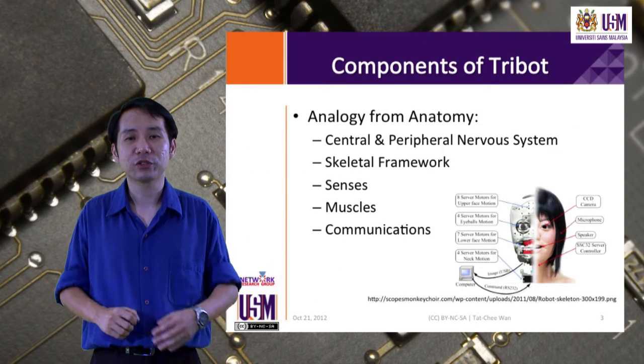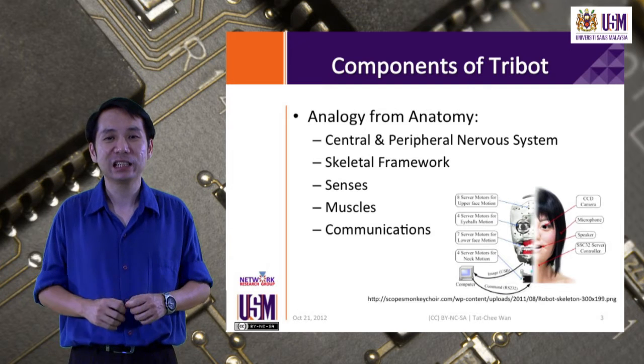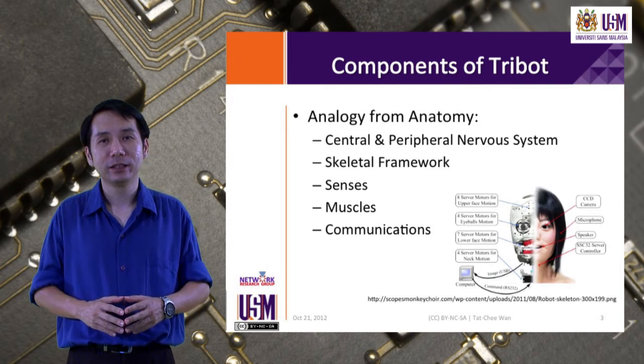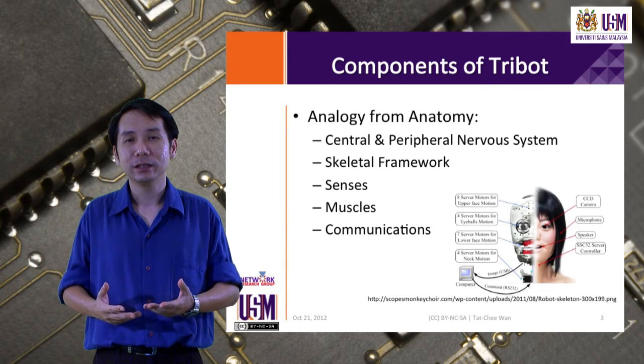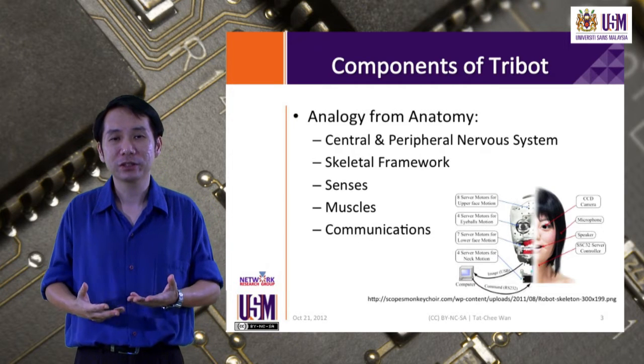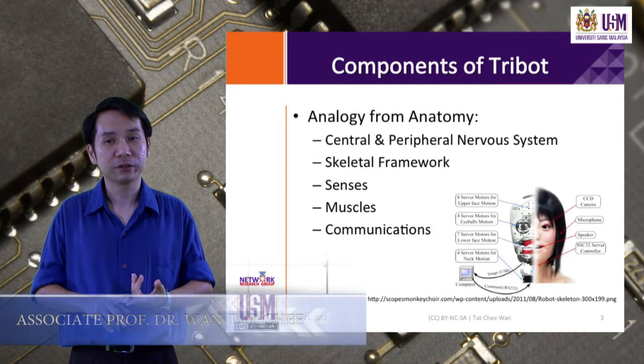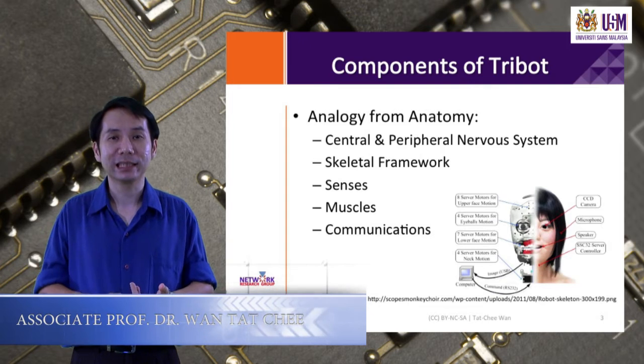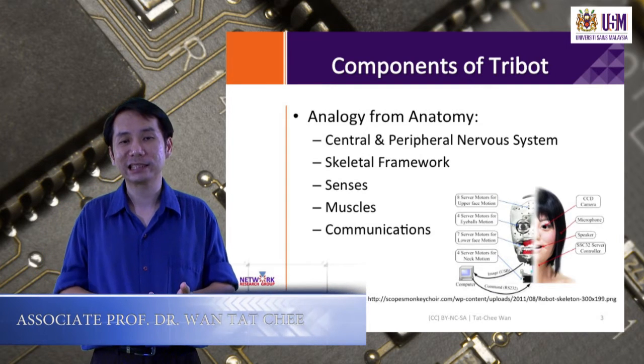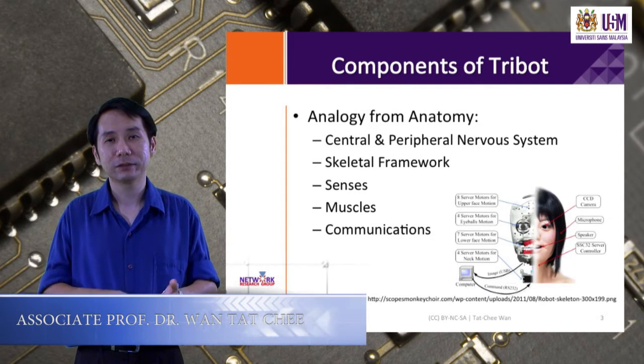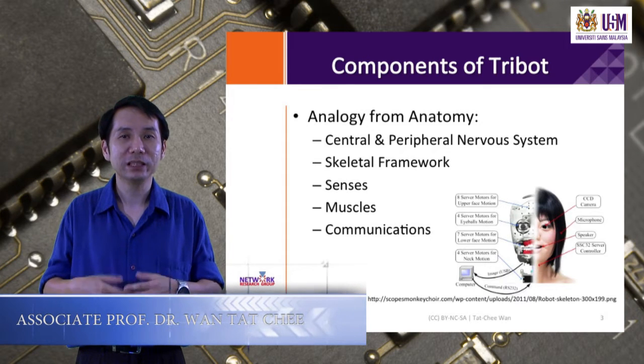What are the components of the tribot? We'll take an analogy from anatomy. In any animal, we can group the functions into the central and peripheral nervous system, the skeletal framework, the sensors, the muscles, and finally, we also look at means of communications.